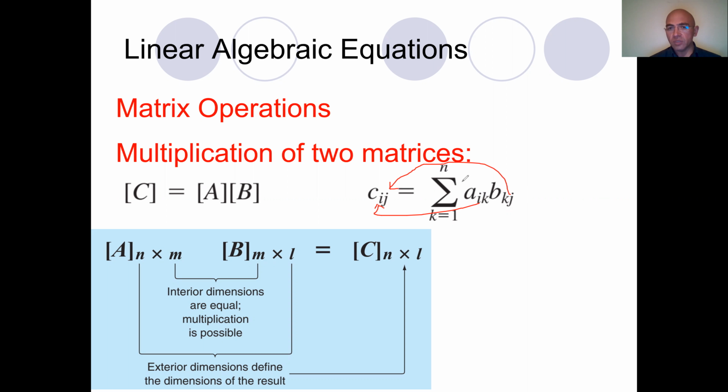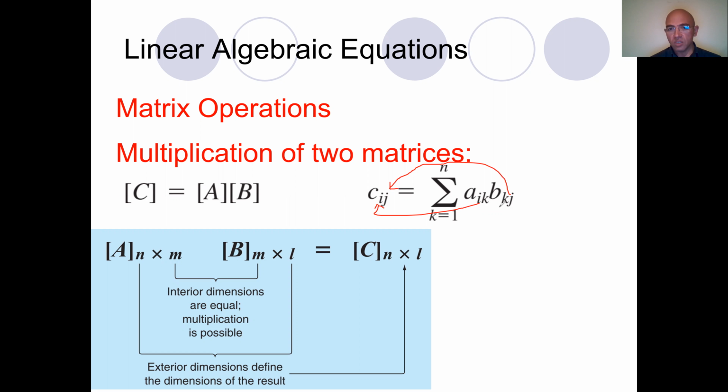So remember that k is from 1 to n. As a result, k is changing from 1 to n, and you multiply each value. In this case, k is the column index in the first matrix and the row index in the second. Therefore, while iterating on the row members in the first matrix, you are iterating on the members of the column in the second matrix.